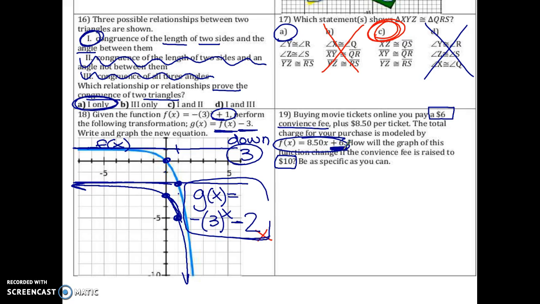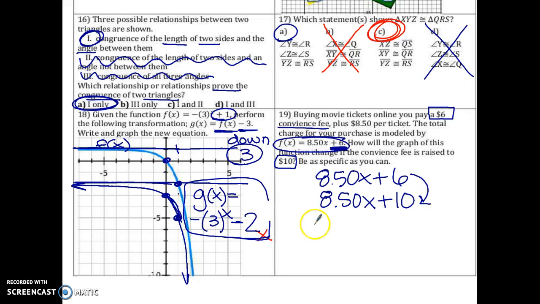And if it's raised to $10, then we're going from 8.50x plus 6 to 8.50x plus 10. So the graph is shifting. f of x is shifting up 4 units.